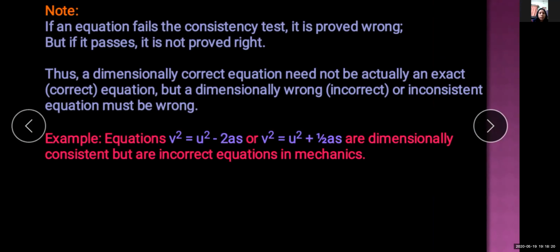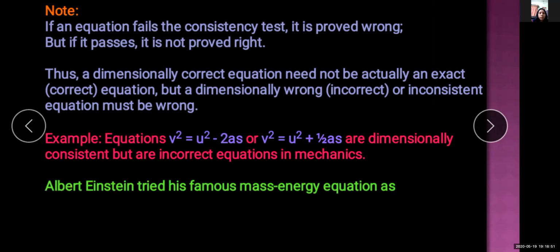For example, v square equal to u square minus 2as, or v square equal to u square plus 1 by 2 as. If we check these relations dimensionally, both are correct, but the second is an incorrect equation in mechanics. We use v square equal to u square minus 2as in mechanics, not v square equal to u square plus 1 by 2 as.